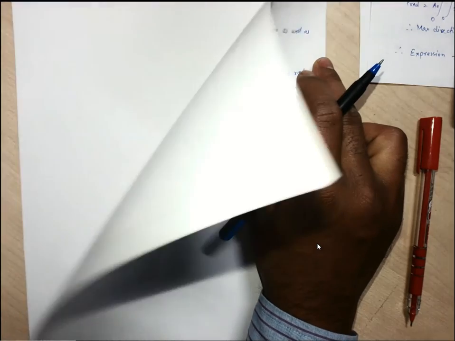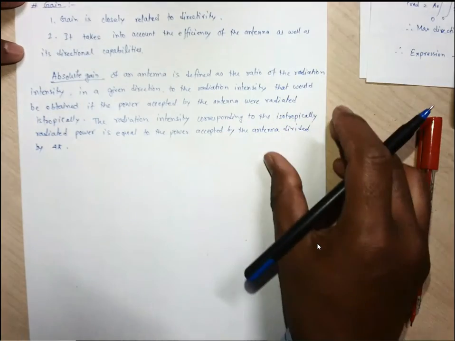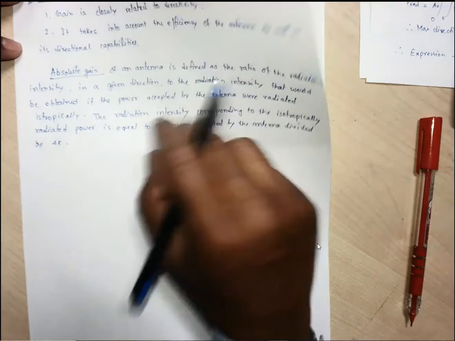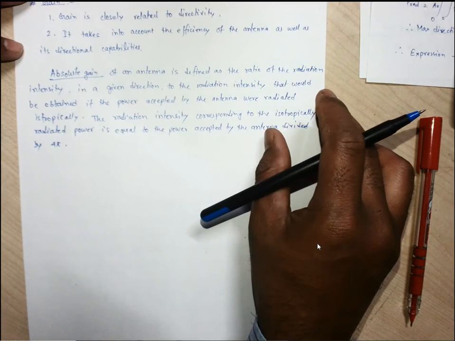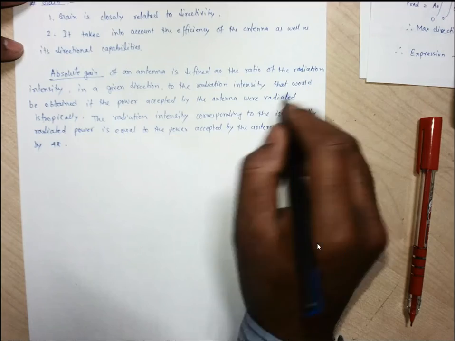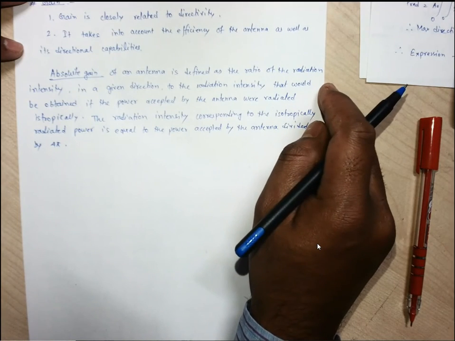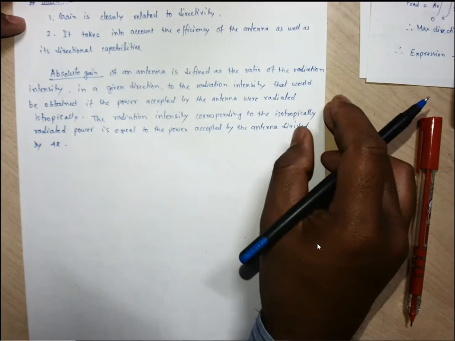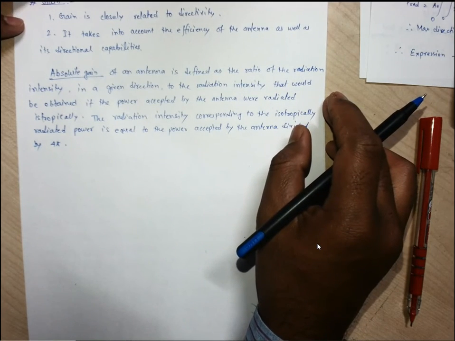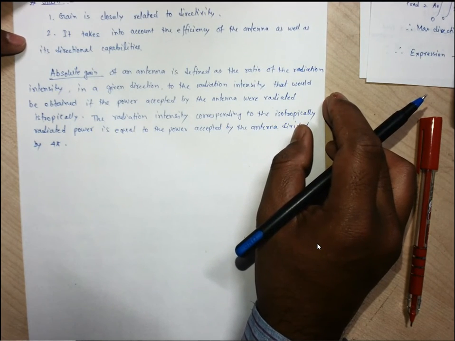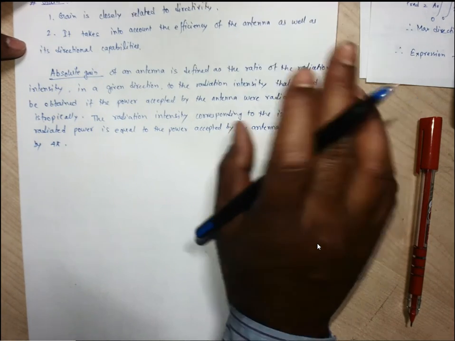But this gain considers the radiation intensity that would be obtained if the power accepted by the antenna were radiated isotropically. So for having the isotropic radiation, how much power was required, we take that power as the reference, and compared to that power, how much radiation intensity we can have from the antenna. So that is the difference.